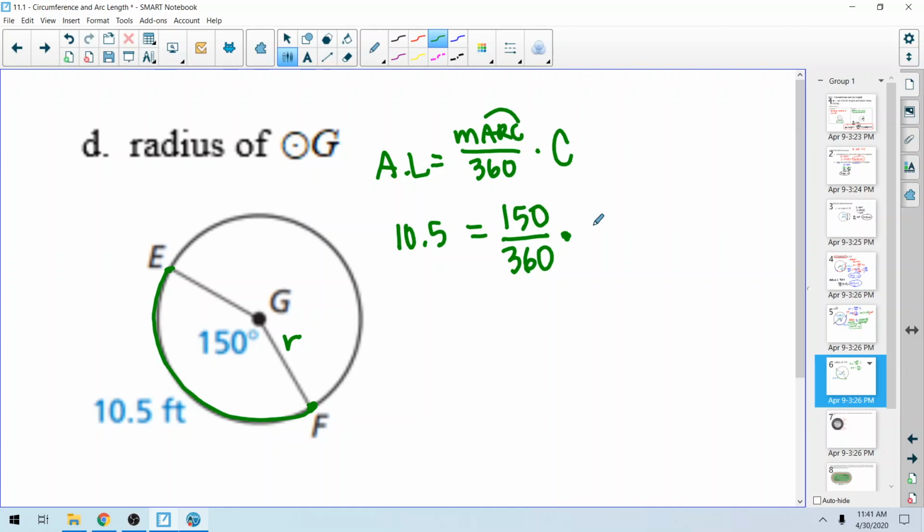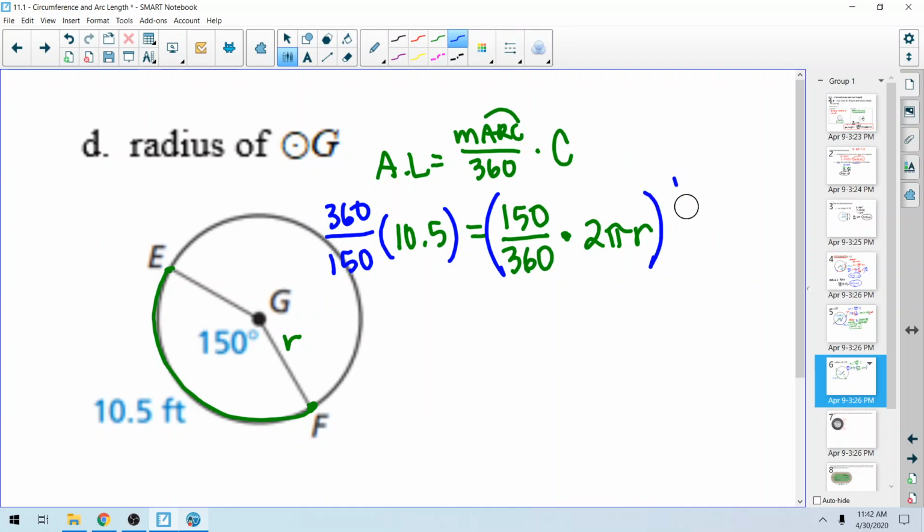Now, circumference, think about this. It's either pi d or 2 pi r, and we're trying to find r. So I'm just going to write 2 pi r. Okay, solving for r, first thing I'm going to do is get rid of that nasty fraction. So in order to get rid of 150 over 360, you multiply by the reciprocal, 360 divided by 150.